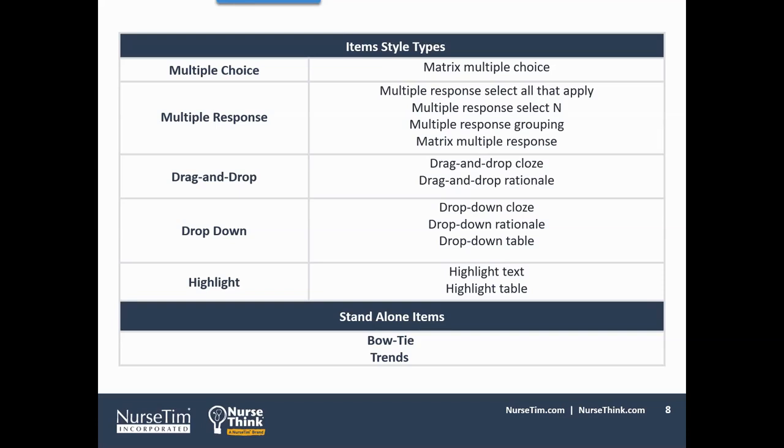Those 2 types of standalone items, bow tie and trends, is what has been introduced to us so far. We're being told that these items are only going to be delivered to students after they've met the minimum number of test items possible. So they're going to receive case study items for the minimum number of test items. Then anything past that minimum is going to be standalone items.